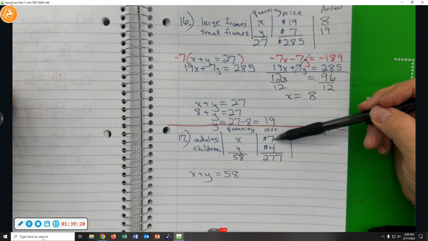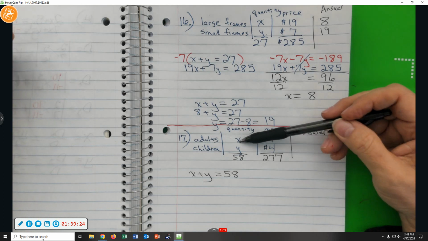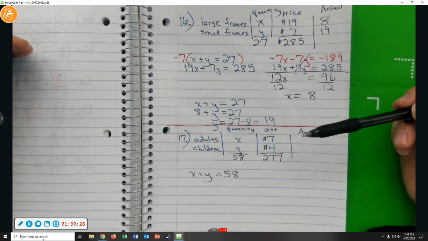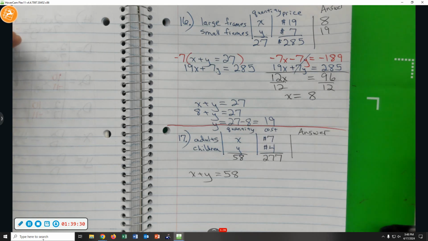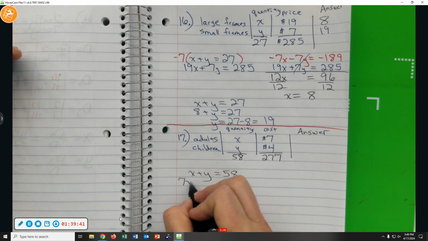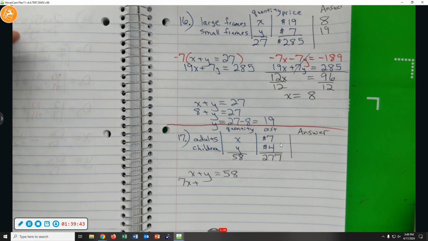Each adult ticket costs $7. They sold X adult tickets. How much money did the theater take in from the X adult tickets, in terms of X? 7X. It's price times quantity.